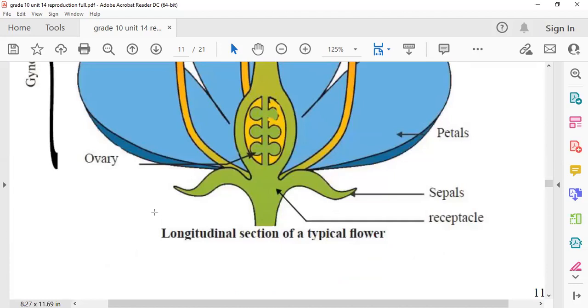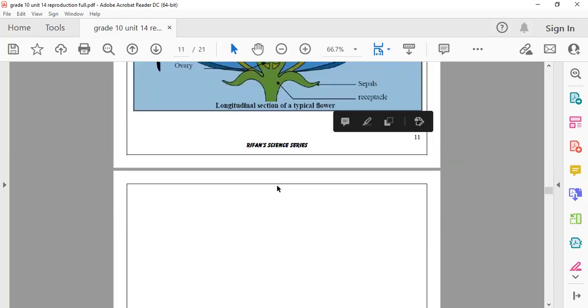It is holding all of them. And this stalk below is called the pedicel. I'm recommending you draw a flower. It doesn't matter, it takes time. You draw a flower. Okay, good. So that is page number 11.